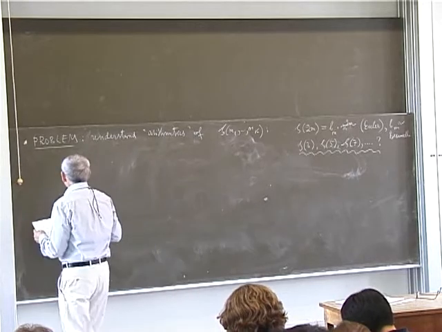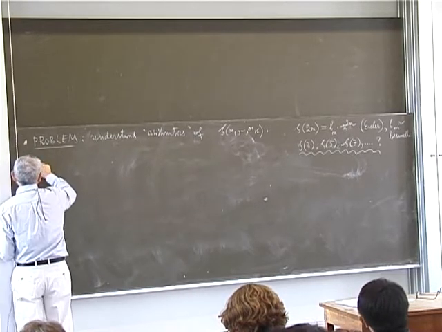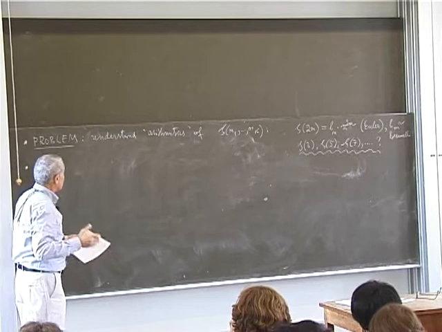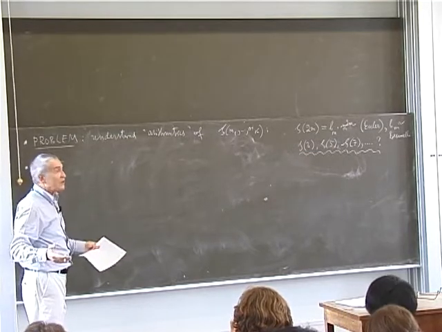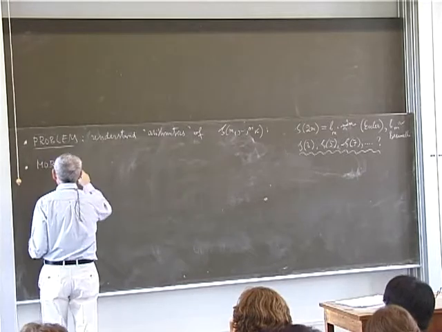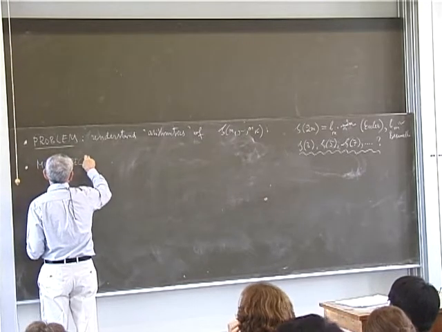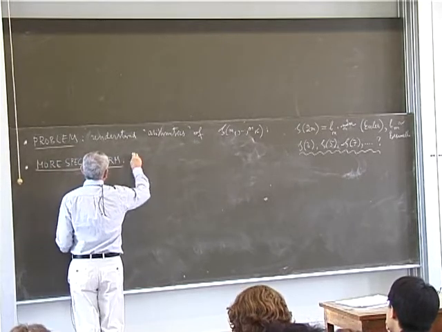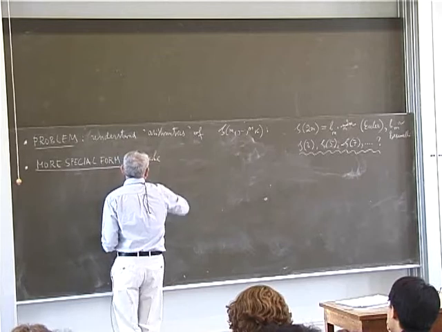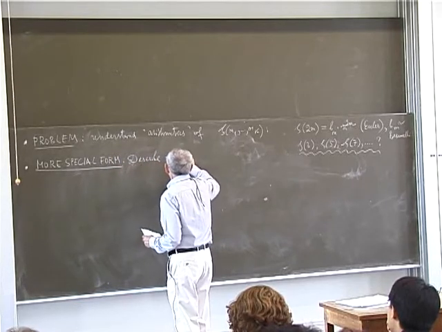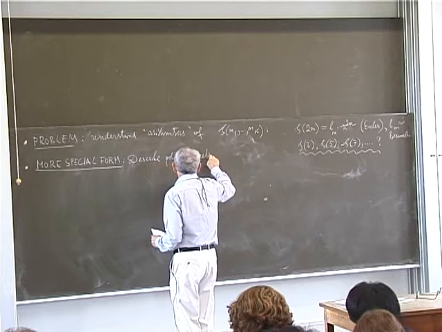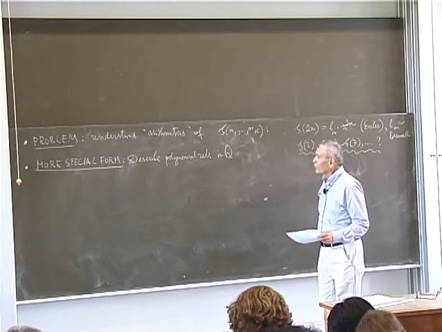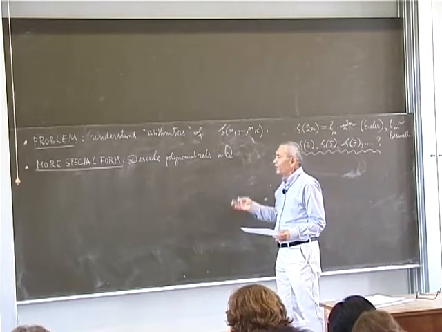And so the more precise form: what kind of arithmetics can we expect from something that we think is transcendental? Okay, at least relations between them. So a more special form of this problem: try to understand, say, polynomial relations with coefficients in Q. One can ask for coefficients in Q bar or something like that, but at the moment we have nothing to say about that.